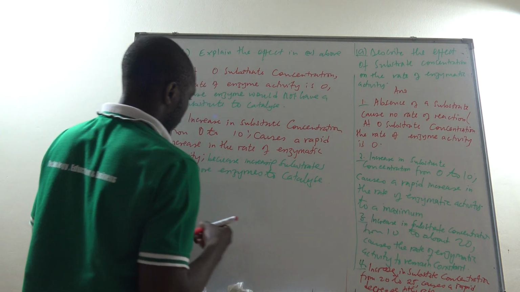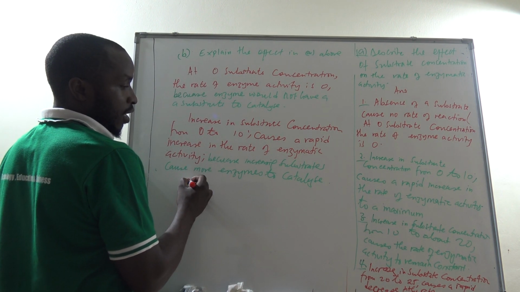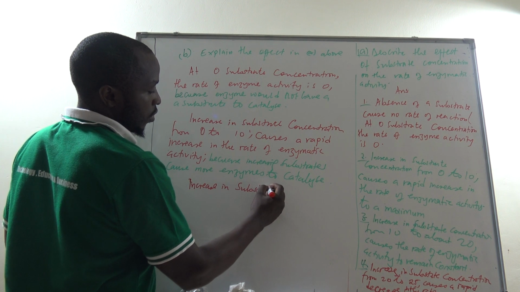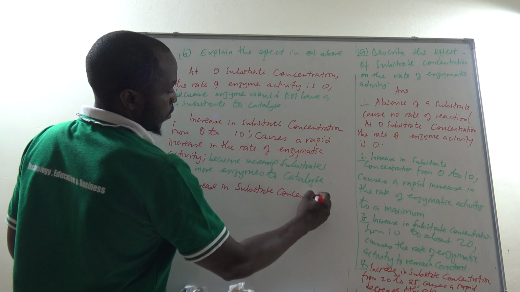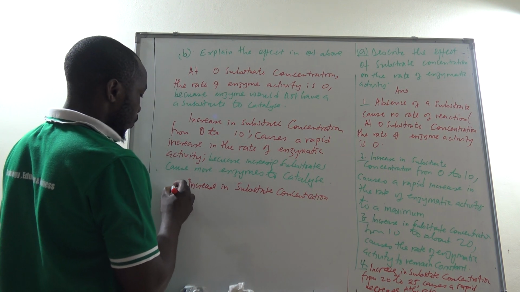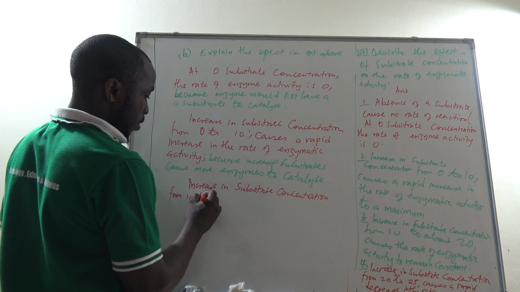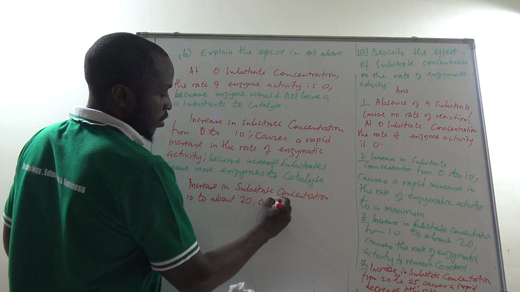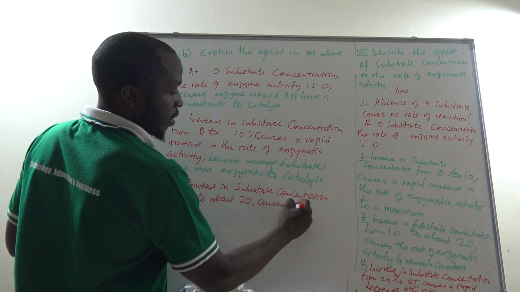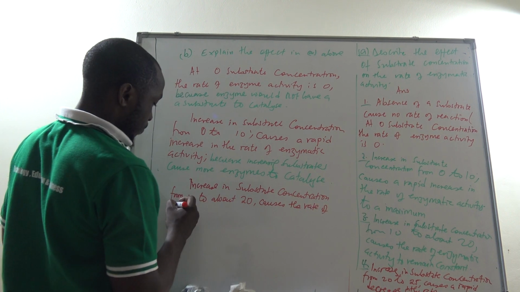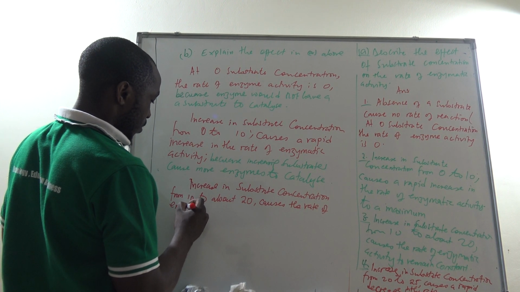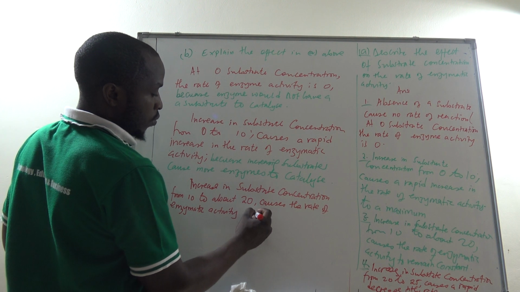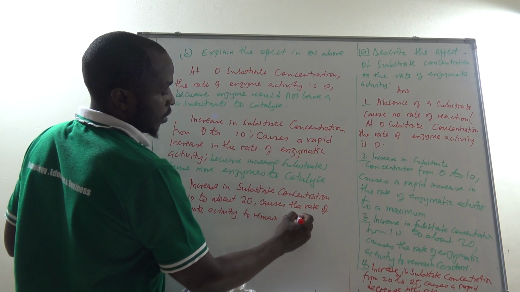Let's look at interval 3. Interval 3 is saying increase in substrate concentration from 10 to about 20 causes the rate of enzymatic activity to remain constant.